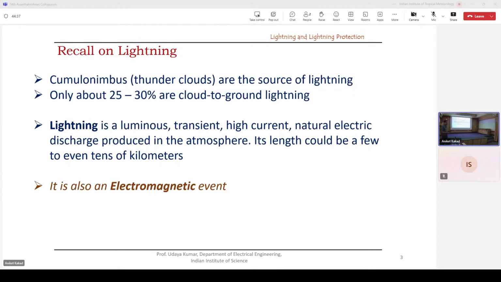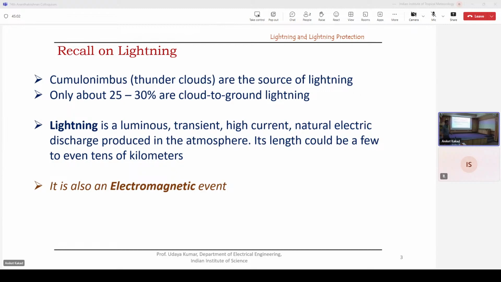So for today's discussion, we will mostly concentrate on the protection of structures on the ground, even though at the end I'll show some slides on protection of aircraft. Because we need to have a definition before we start our discussion, for today, lightning is a luminous, very long, high current discharge in the atmosphere.